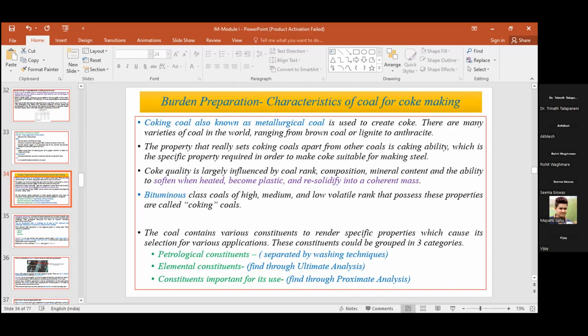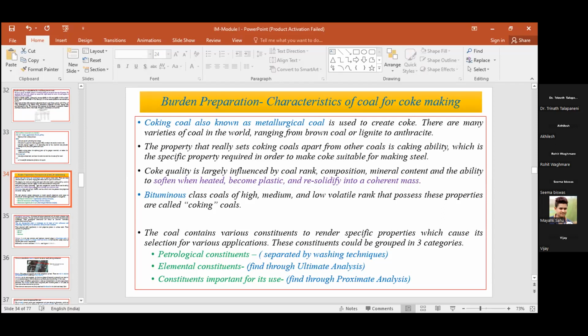Any coals having this peculiar property, that is, they soften, become plastic, and solidify to form a coherent mass, are called coking coals, and those coals can easily be subjected to the coke making process.